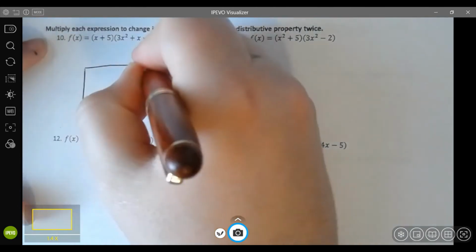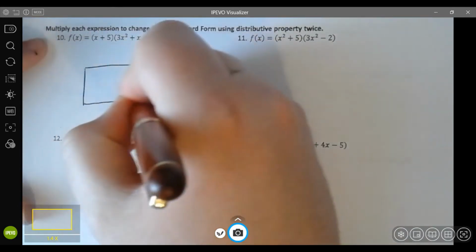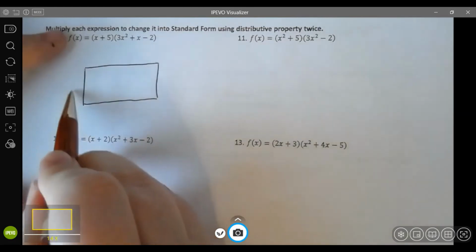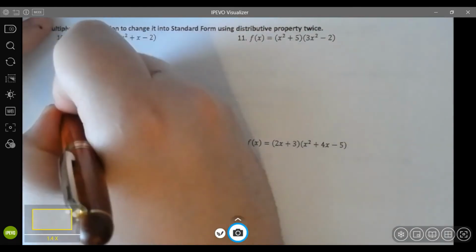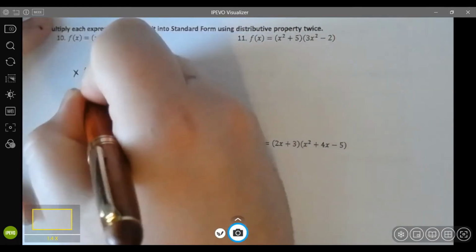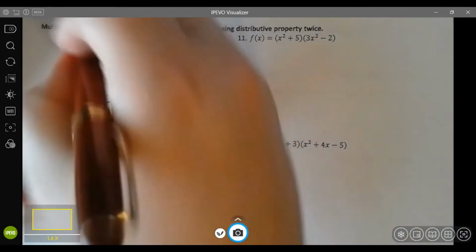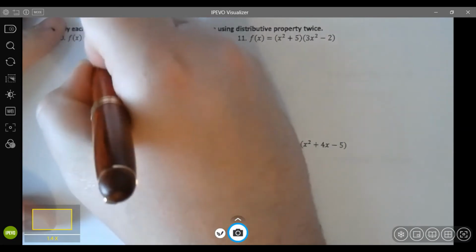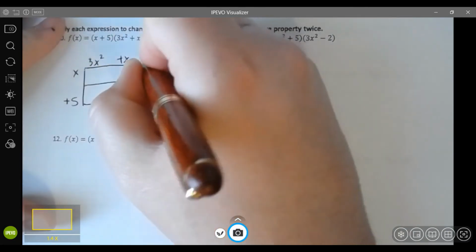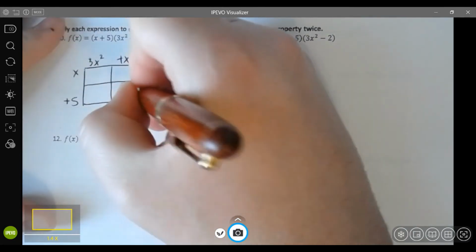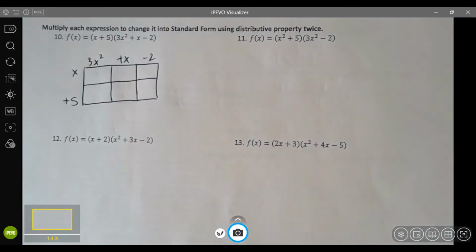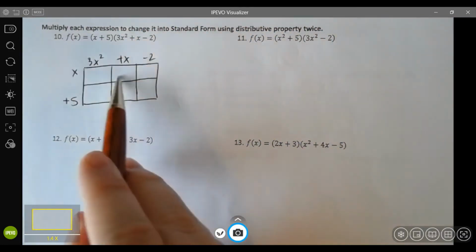So here's my box. Along the side of the box here, I'm going to put x plus 5. Make sure you include the sign with that. And then along the top, I'll put 3x squared plus x minus 2. And then you're basically just finding the areas of each of these boxes.